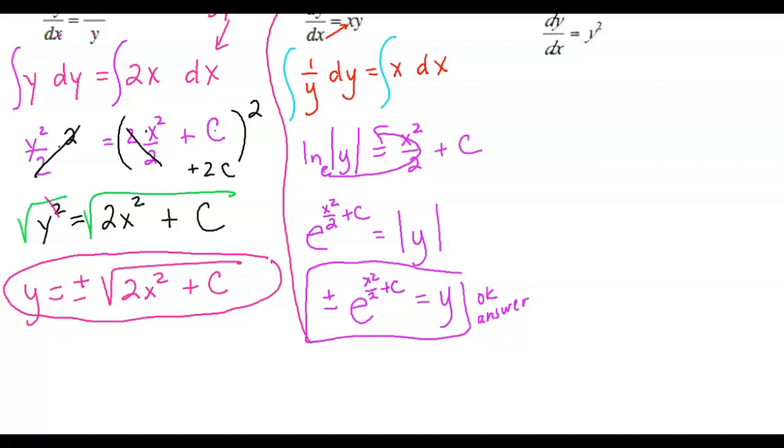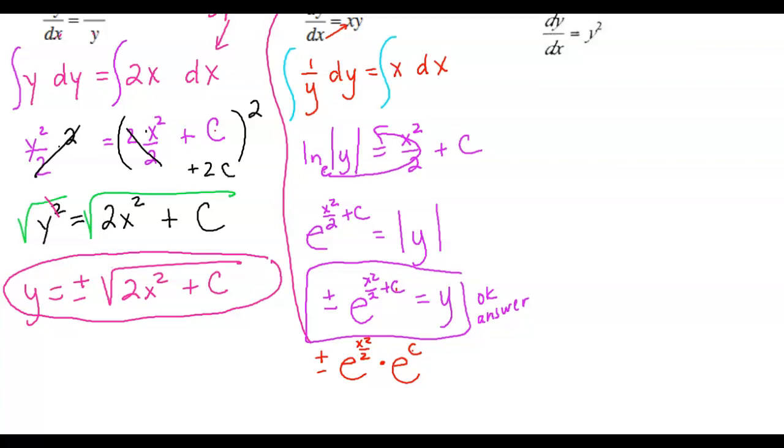So what if we do some exponent manipulation? I'm going to have plus or minus e, and remember, if I add in the exponent, I really can be multiplying the bases. So I'm going to write this as e to the x squared over 2 times e to that power, which is c. Because remember, if my bases are the same, I add exponents. Okay, you with me?